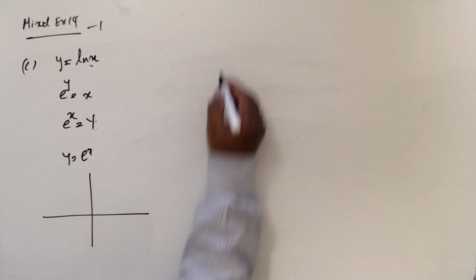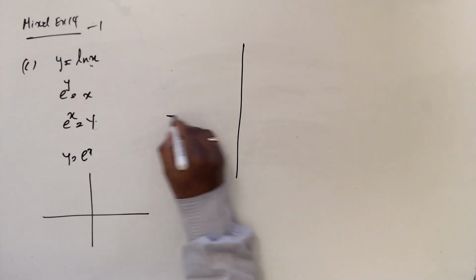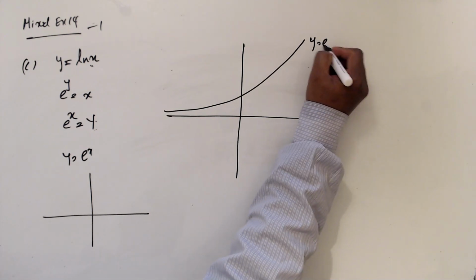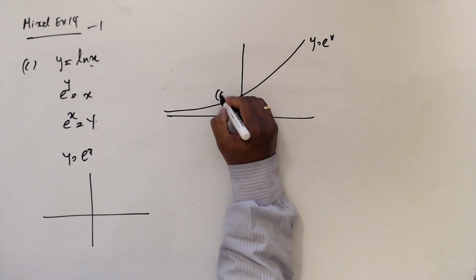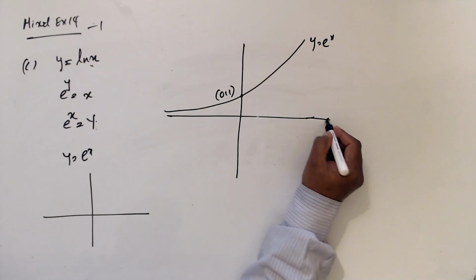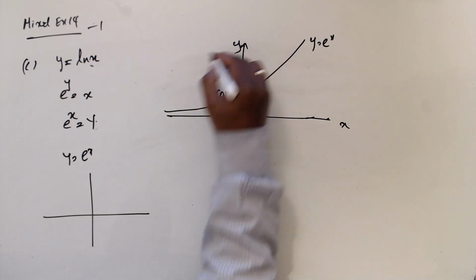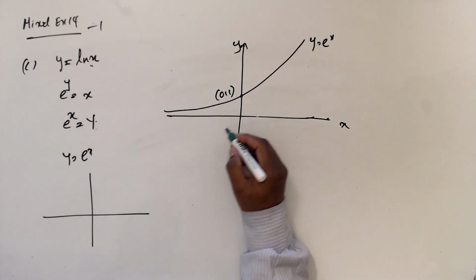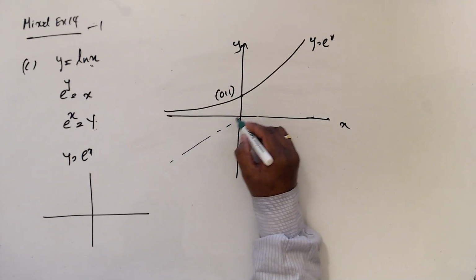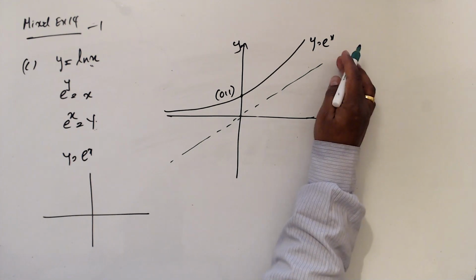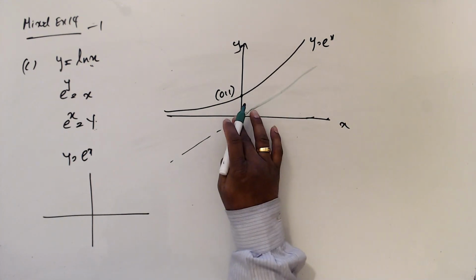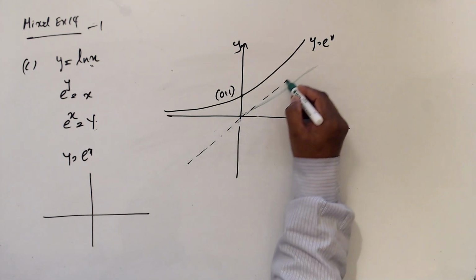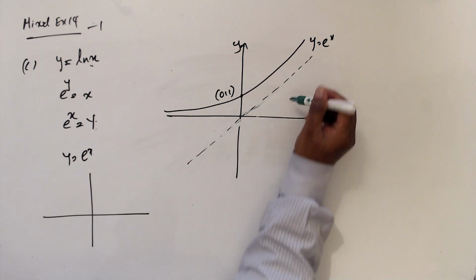Now you know the shape of the graph y equals e to the power x, going like this, and it goes through 0 and 1. This is the x-axis and y-axis. Now we want to draw y equals ln x. We discussed this one. Bring the y equals x line.